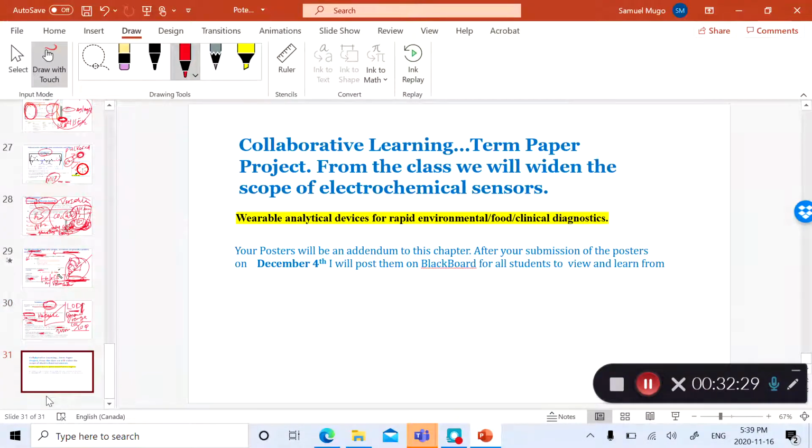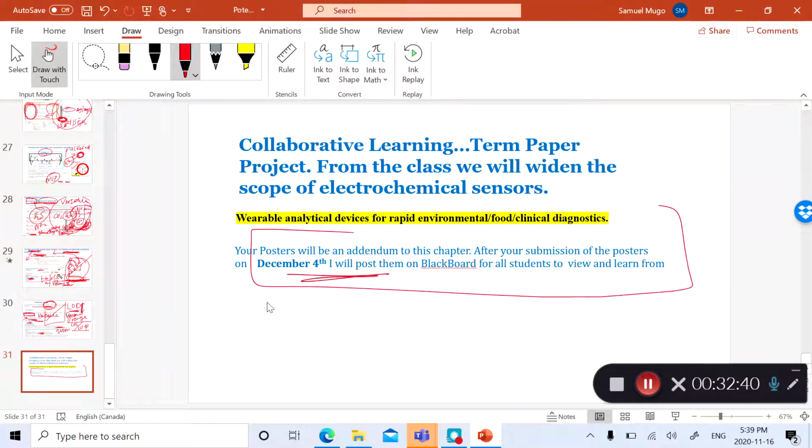Now, I would like us to remember that all the projects that we are working on for the term papers, I would like to add them here later on when you guys give me the posters, by December the 4th, because all of them are going to help us see the very wide scope of the applications of electrochemical sensors. So I'm going to add whatever you generate as your posters.